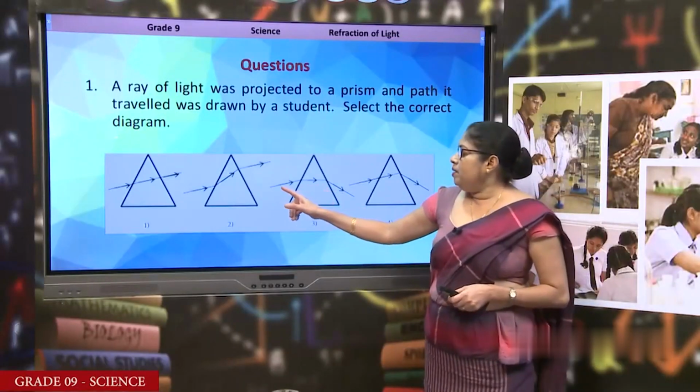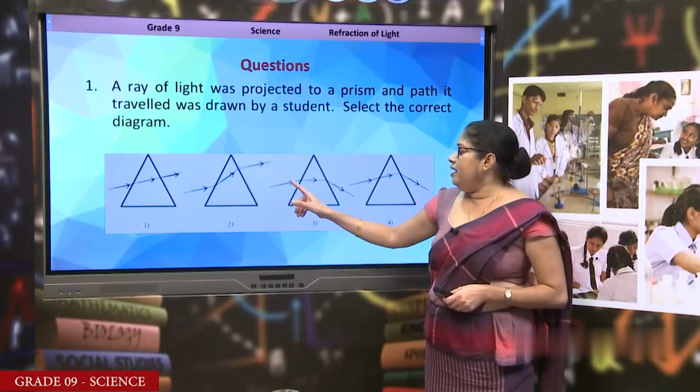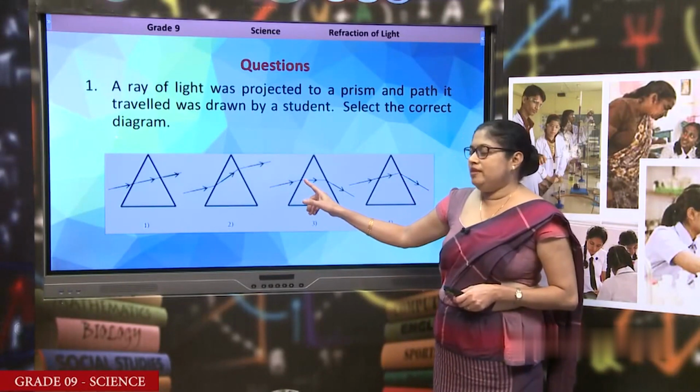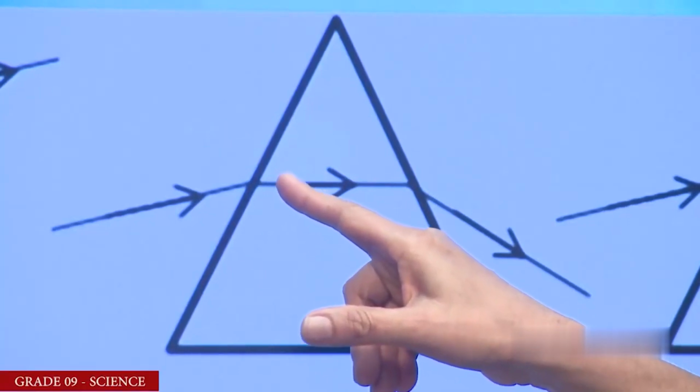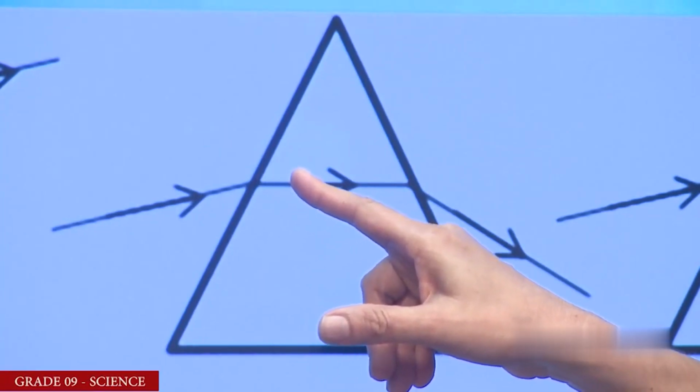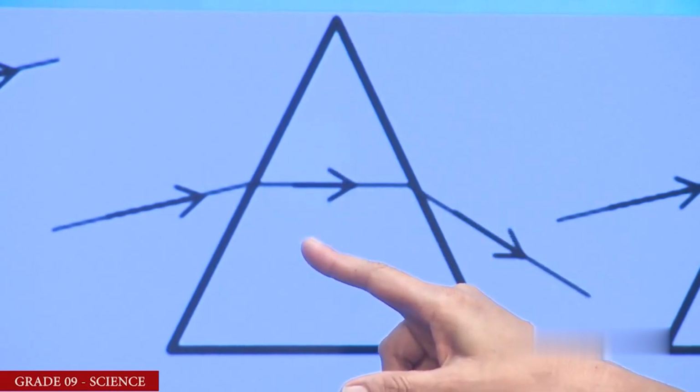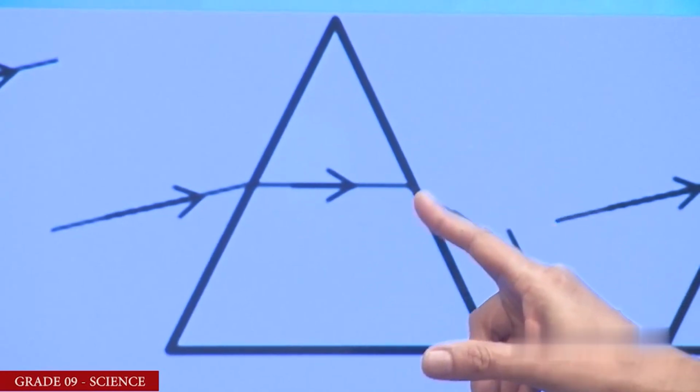In this diagram, you can say the light ray is entering the prism like this, and if you draw the normal here, you see the refracted ray is bending towards the normal. And let us see this point as well.